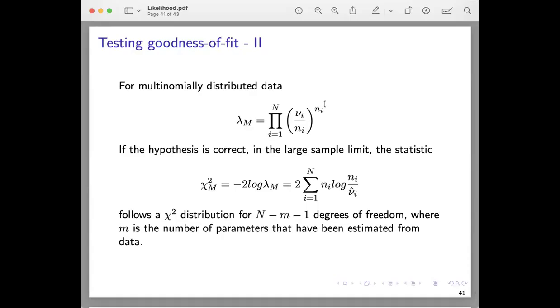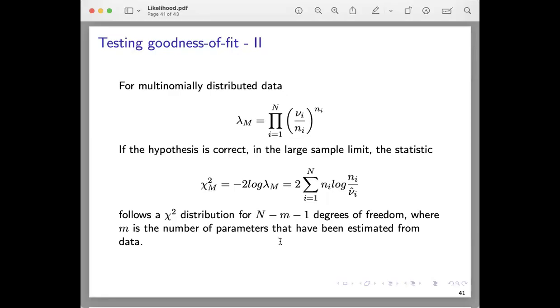Now, if the hypothesis is correct, then in the large sample limit, the statistic chi-square, which you can define as minus 2 log lambda, will give you twice this sum, and this chi-square statistic will be distributed according to the chi-square distribution that we discussed in the least square method, for n minus m minus 1 degrees of freedom, where m is the number of parameters estimated from the fit.